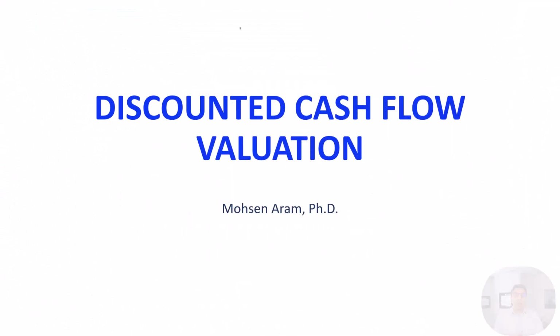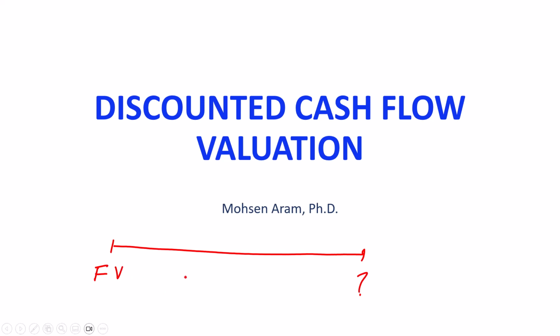discounted cash flow analysis. If you recall, in the time value of money chapter, we were only moving one cash flow around. So if you either had cash flow today and you wanted to find out its future value, in other words, we compounded that cash flow, or we received a cash flow in the future and we wanted to find its present value.